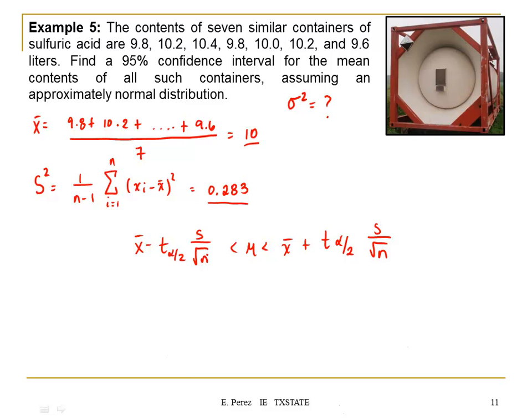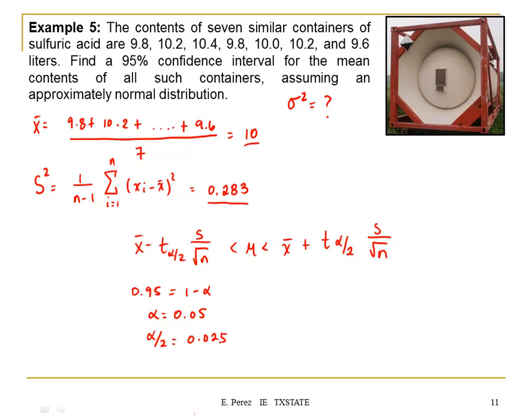The main difference again is that we are using S instead of sigma, and we are using T instead of Z. Now we need to find out what alpha value we need. We have a 95% confidence interval, so our alpha is 0.05. So alpha half is 0.025.